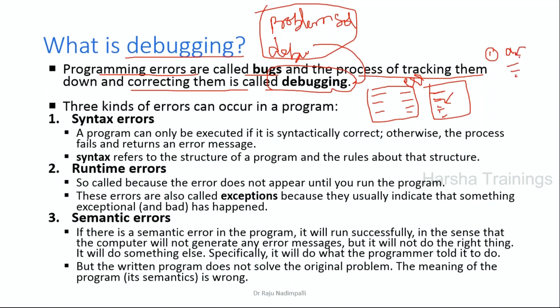Whenever you get the same error, you apply the same technique. Is it okay? The process of tracking the error and correcting the error is called debugging. Every program may have some syntax errors or runtime errors. This is the part I will discuss after a few days.